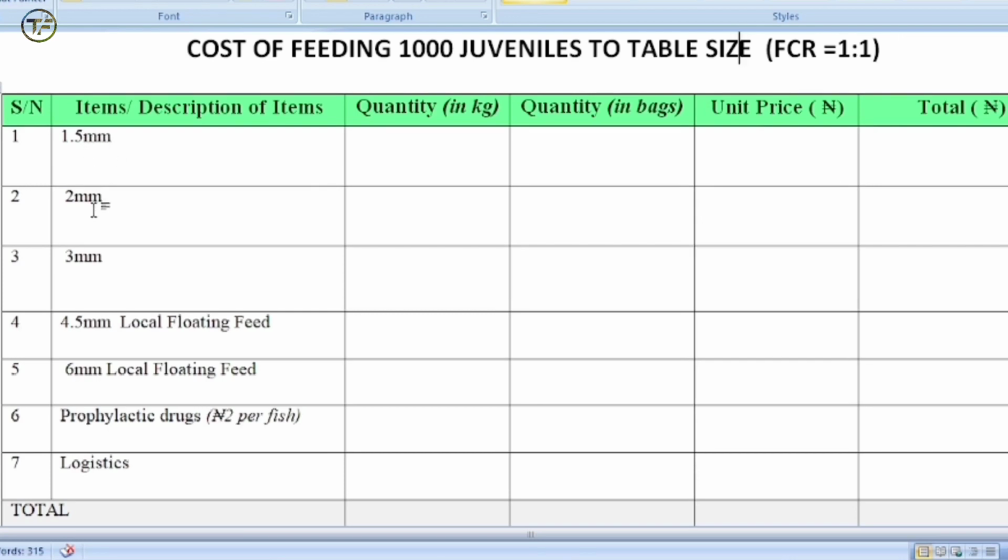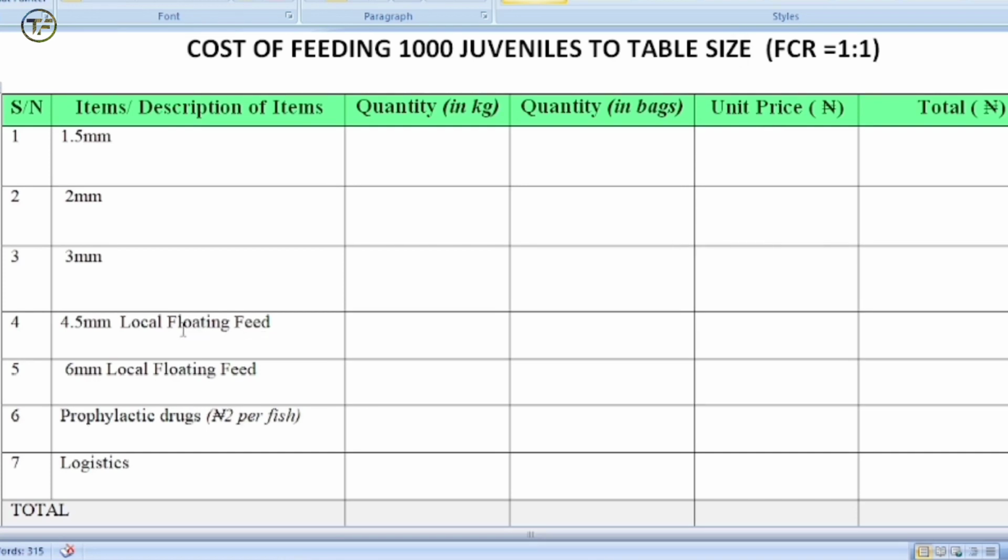We have 1.5 mm, 2 mm, 3 mm, and then from here we have 4.5 mm local floating feed. Now the reason why you're seeing this is because we are trying as much as possible to reduce and cut cost. So you can start using 4.5 mm local floating feed, a very good one.